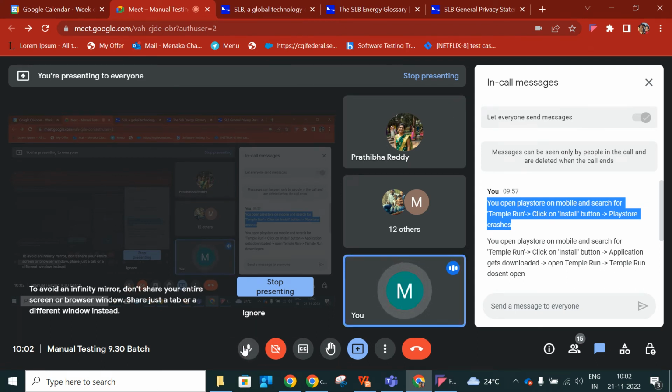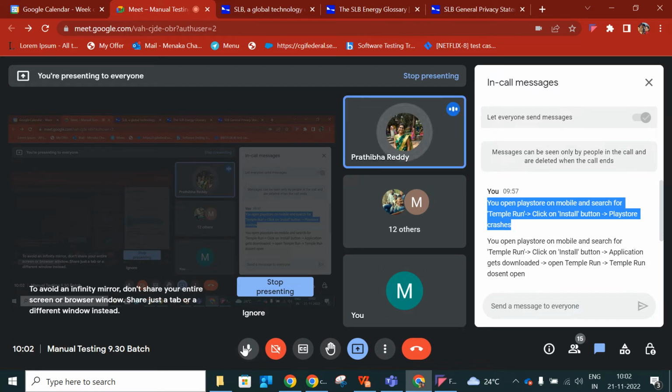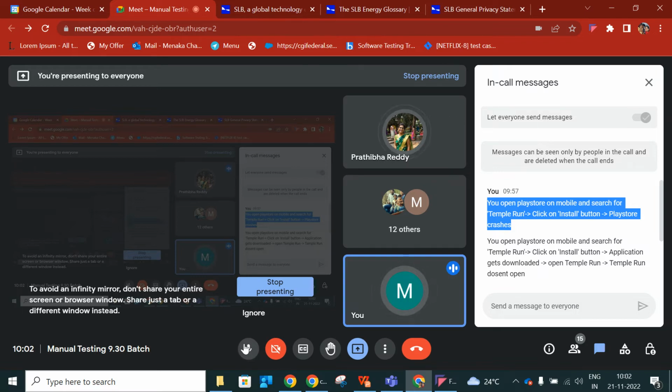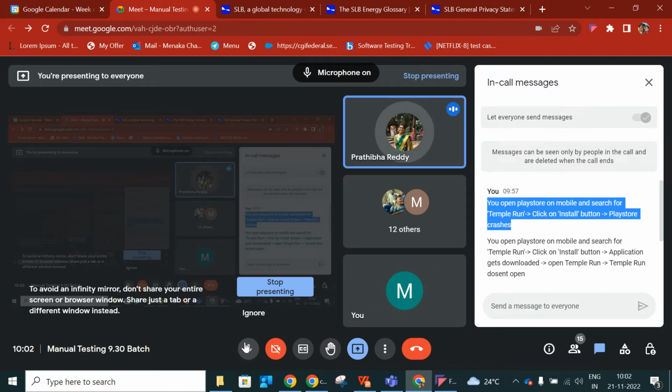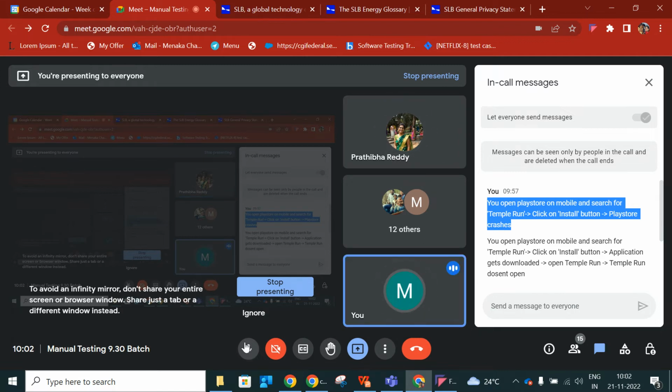Pratibha, the third one is wrong. The priority is correct. Can you check the severity again and send me? On what basis, even if the text is wrong, would it fall under high priority?